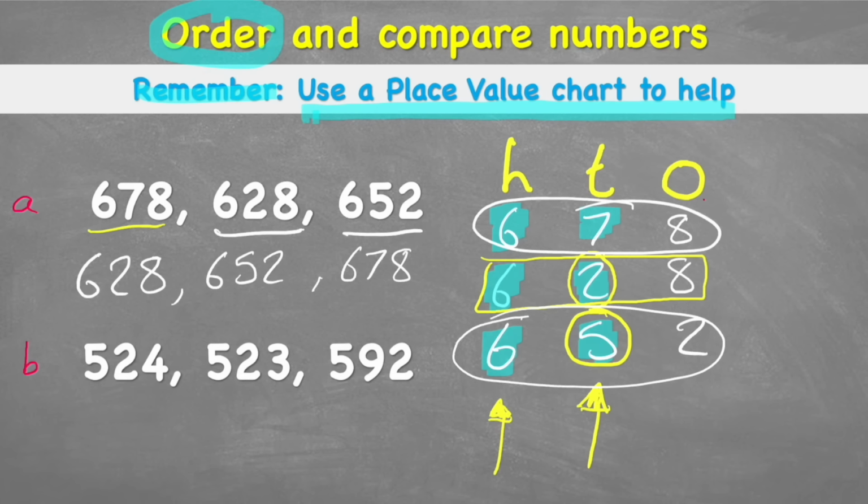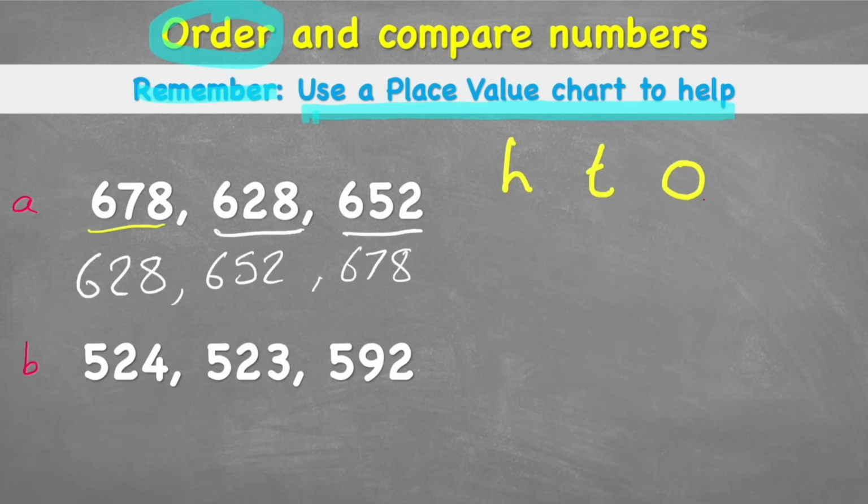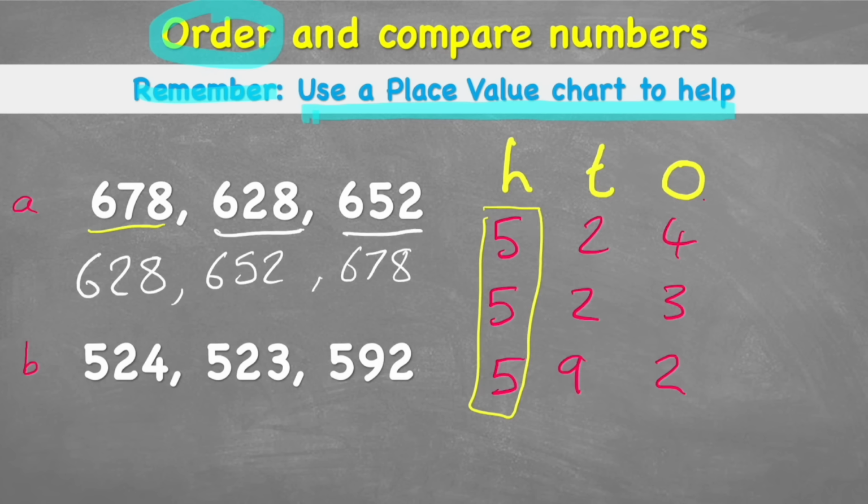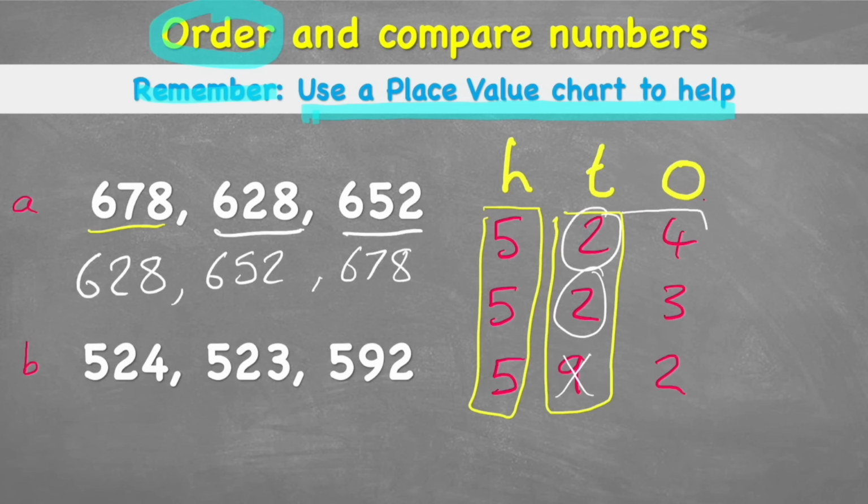Awesome. Let's use that same tactic for the next set of numbers. And let's start by putting them in place. There we go. And again, I'm going to look in this first column, and I can see that they're all 5s, so that doesn't help us. Now when I look in the second column, the tens, I can see I have two 2s. So now I can ignore this 9 for a moment because I'm just comparing the 2s, and I'll look in the column next door to see which one has the smaller ones, and we have a 3 here.